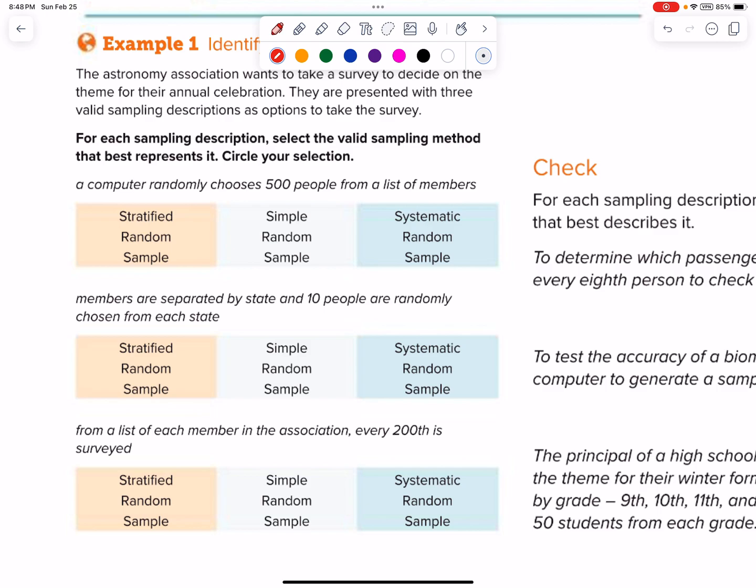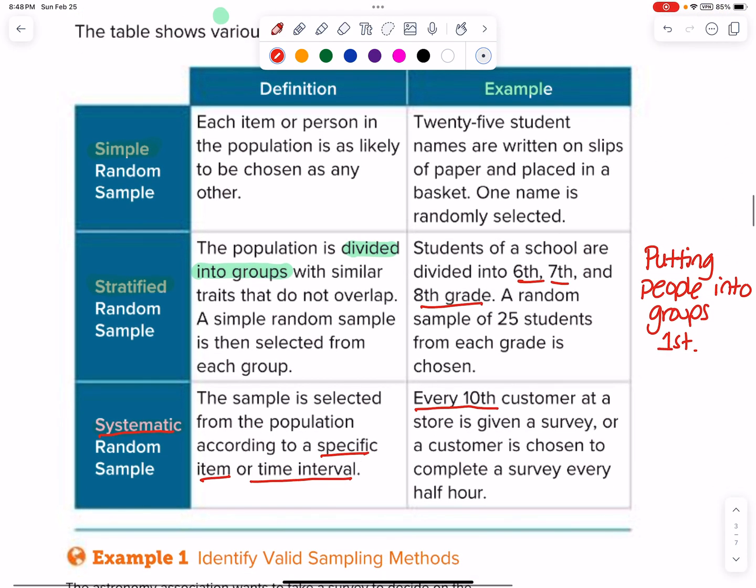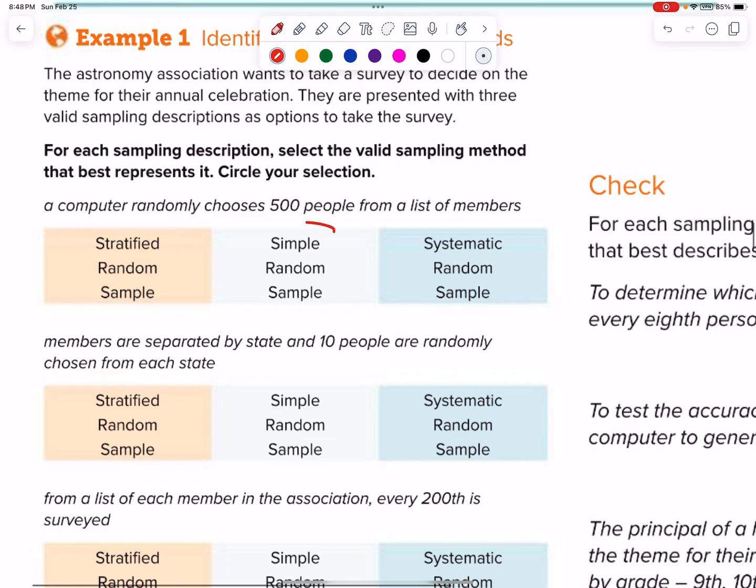Simply choosing random people is a simple random sample. So just focus on simple.